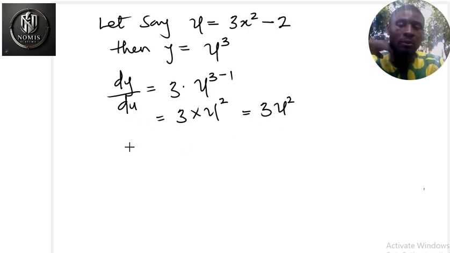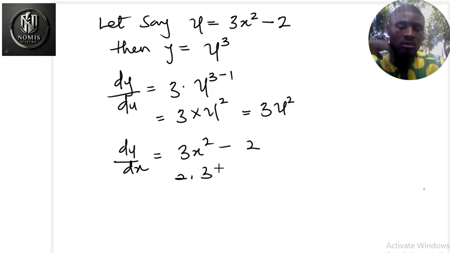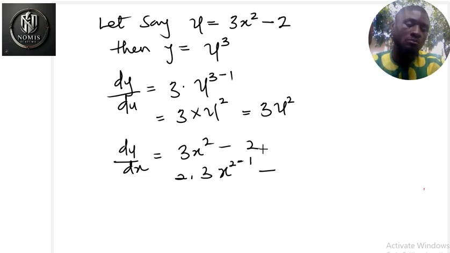Now what about du/dx? du/dx is equal to, we need to differentiate 3x squared minus 2, right? So this will become 2 multiplying 3x to the power of 2 minus 1, then minus, already you know that if you differentiate any number that does not have the variable x, it is 0.